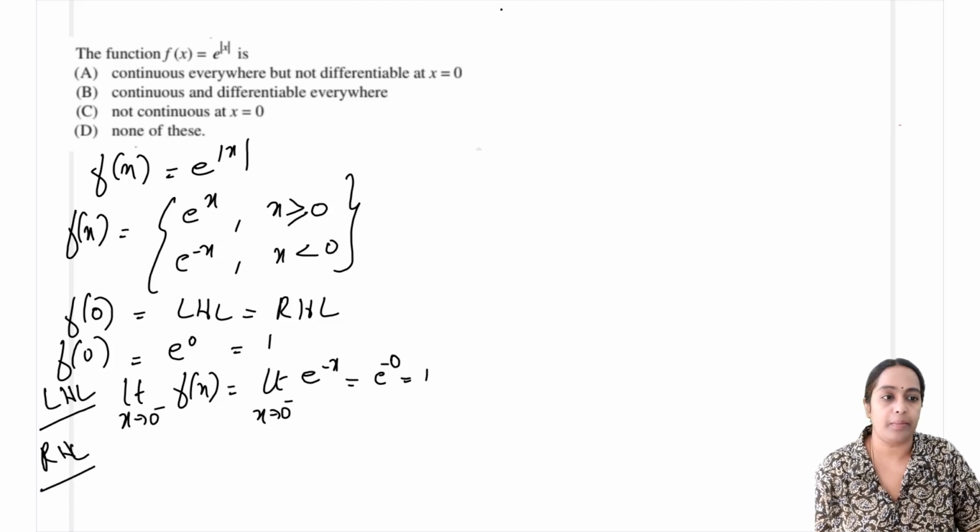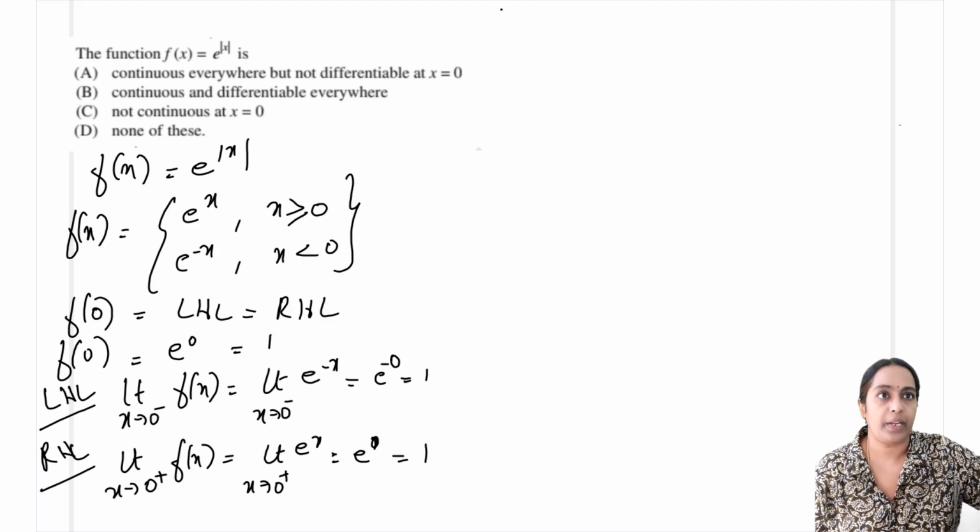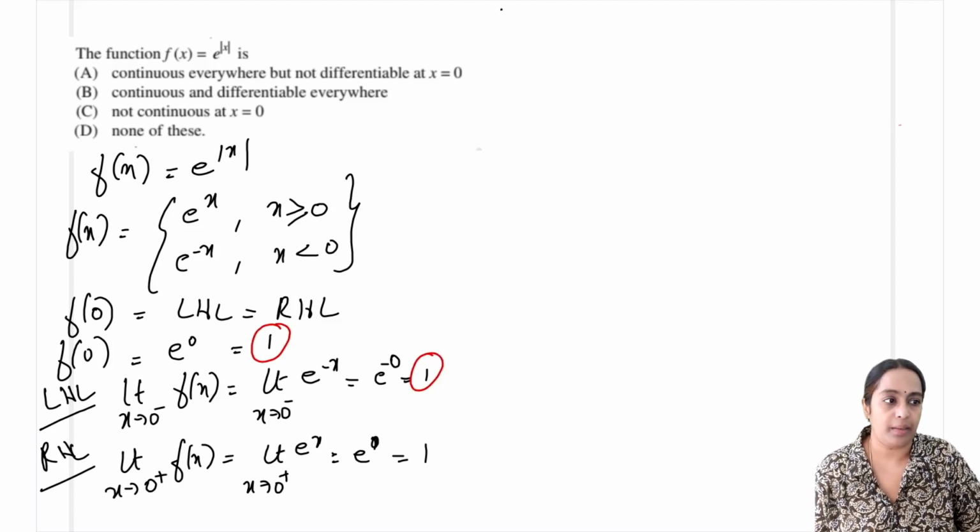My right hand limit: limit x tending to 0 plus f of x. The function for positive x is e power x, which is e power 0, which is 1 again. So when I look at the answers, f of 0 is 1, left hand limit is 1, right hand limit is also 1. So which means the function is continuous. The function is continuous everywhere.